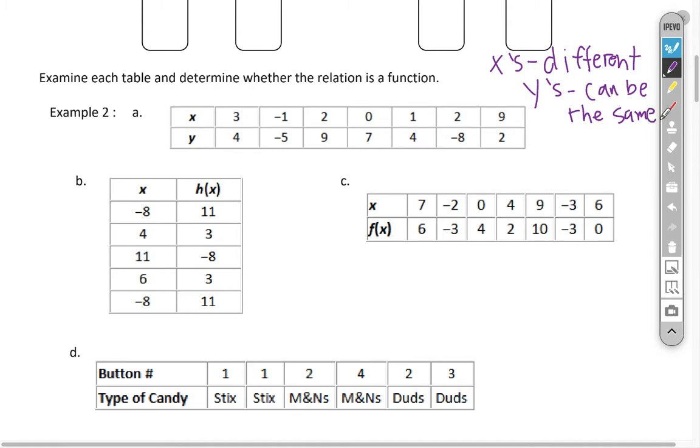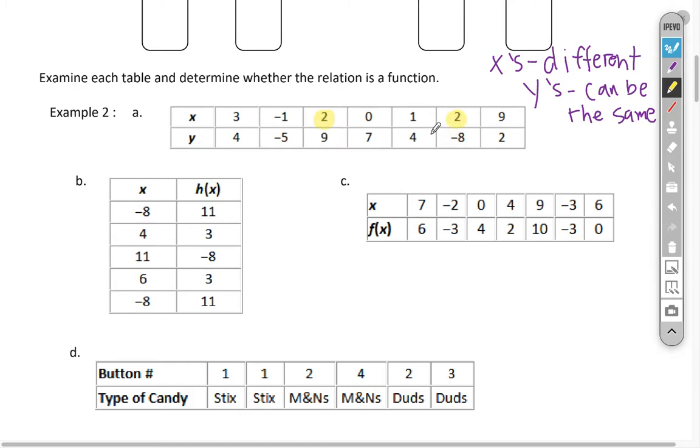Okay? So now let's look at what we've got going on here in example A. So notice we've got 3, -1, 2, 0, 1, 2, and 9. Okay, well, we know that these are our x values, and we notice we have 2 here. Hold on. We have 2 here, and we also have 2 here.